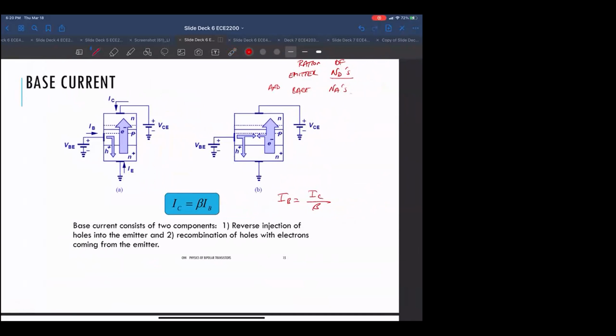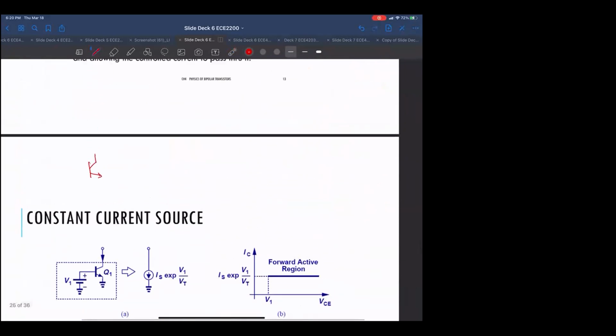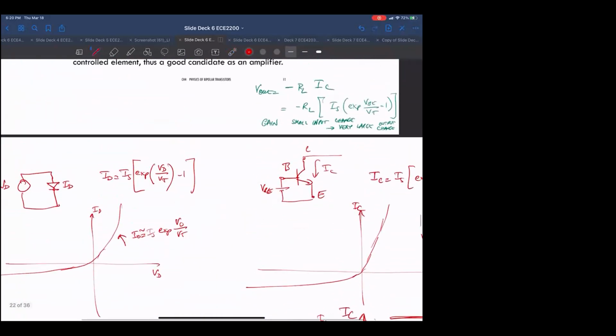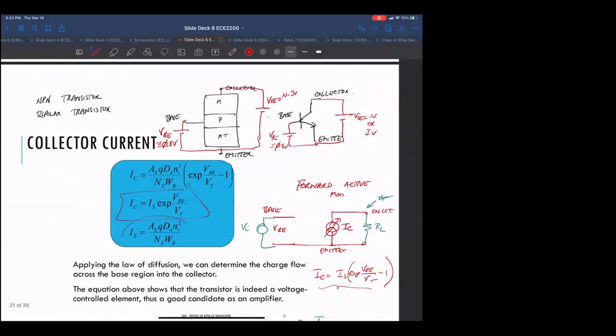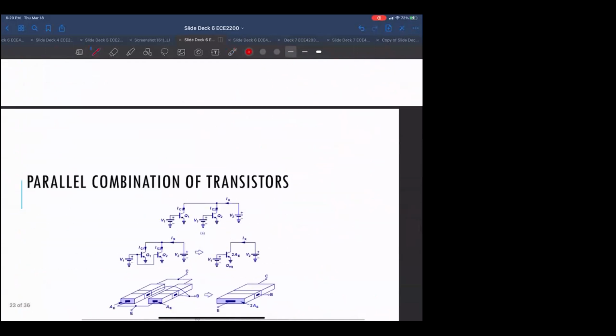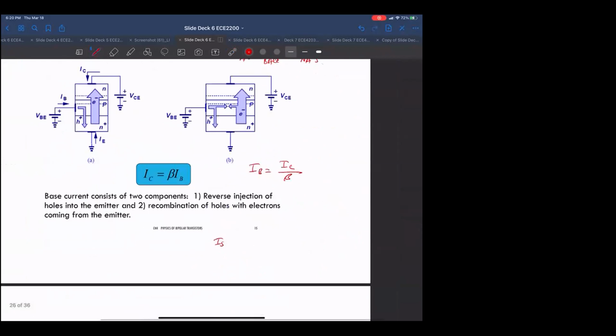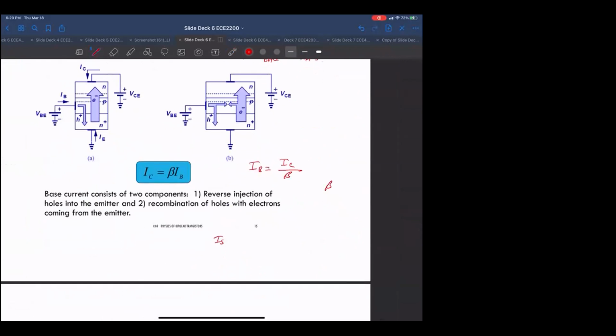Okay, so basically we have this thing, and then beta, you'll see, if you buy a bipolar transistor, you'll see for the most part two important things. One of them is the beta. The other one is the I sub S that we talked about, which is this guy that goes into the equation as a multiplier. And this beta is usually, I don't know, between 50 and 200.